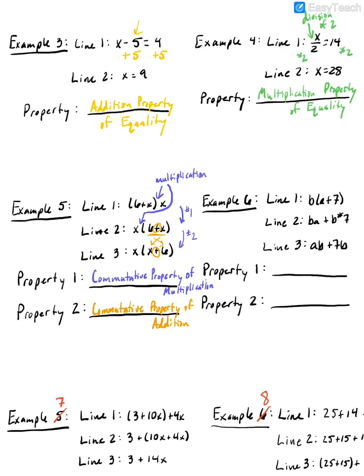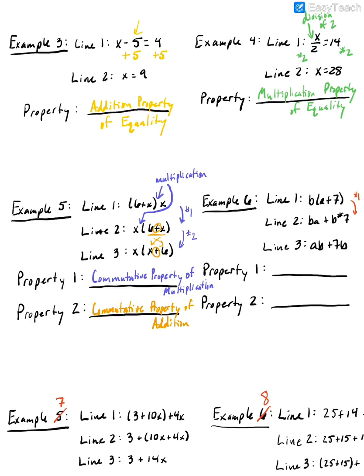Okay? All right, example 6. Here I have from line 1 to line 2, I want to take notice of what's going on. So here the b is on the outside of the parentheses of a plus 7. But then in line 2, now I have b with the a individually and b and the 7 together. And it looks like I'm multiplying the b to the a and the b times the 7. Okay?